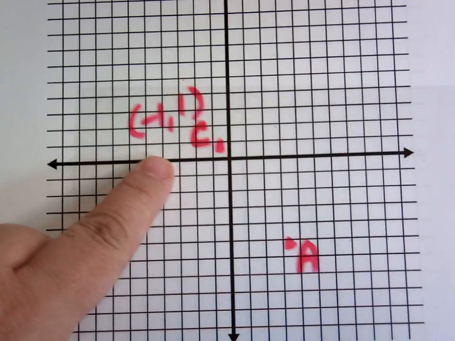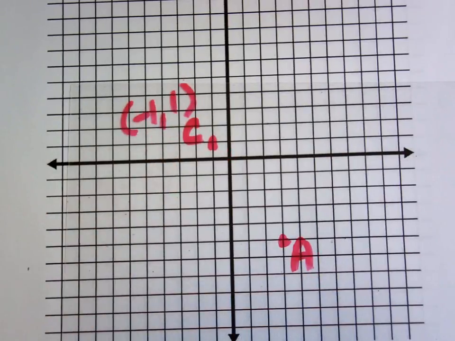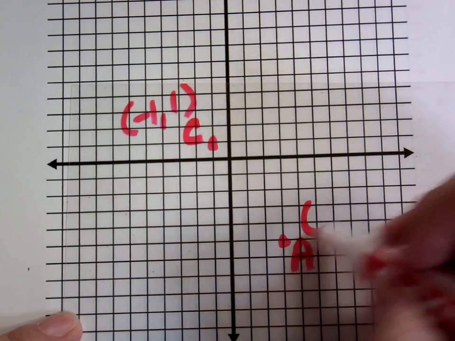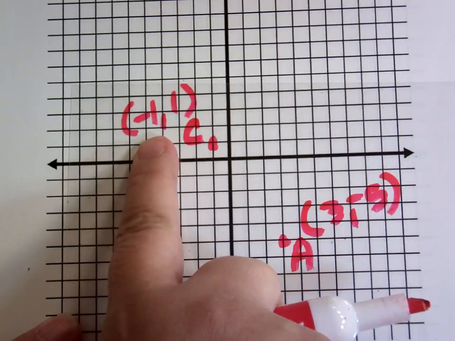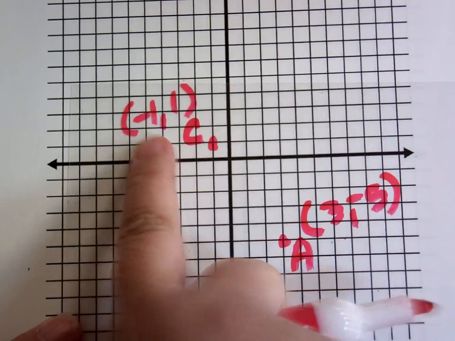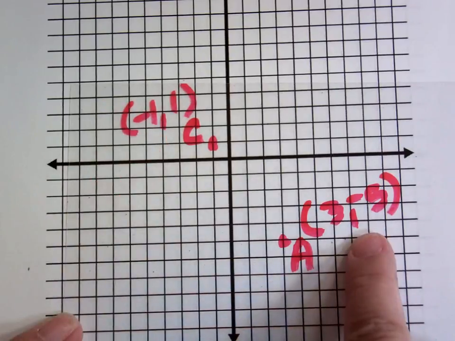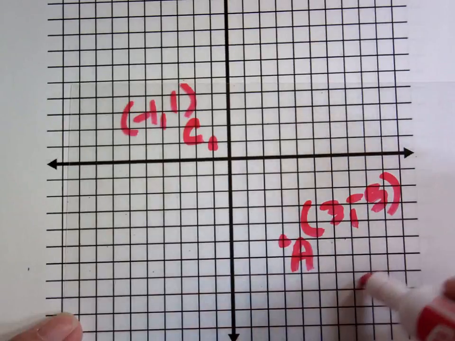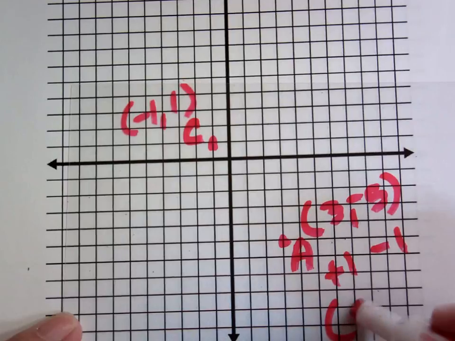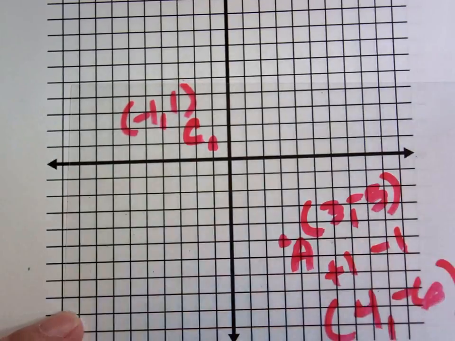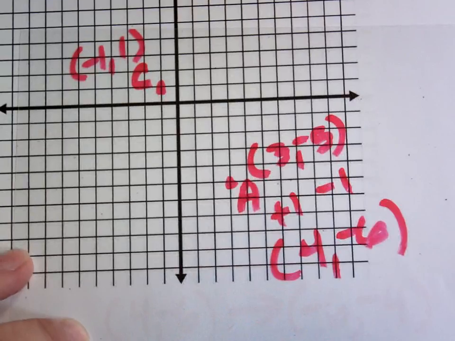So that means I'm going to take my point, wherever my point was. It was originally at 3, -5. And if the center has to go right 1 and down 1 to go to the origin, this has to go right 1 and down 1 too. So right 1, down 1 puts this at 4, -6. Notice that's the same place it was when we did it the other way.